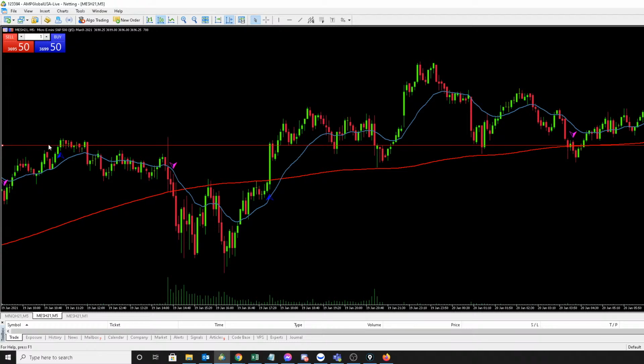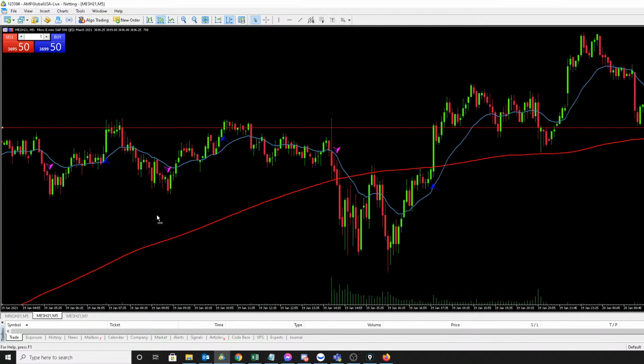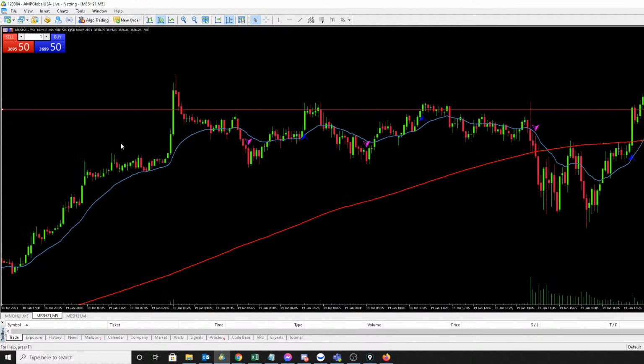This line was used as resistance, and then support, support, support. It was a major line here. It broke above that support but didn't hold, fell right below, and then was held as resistance.